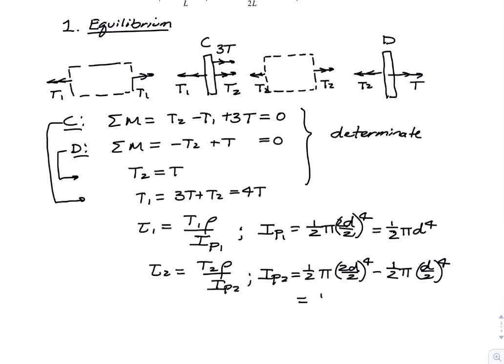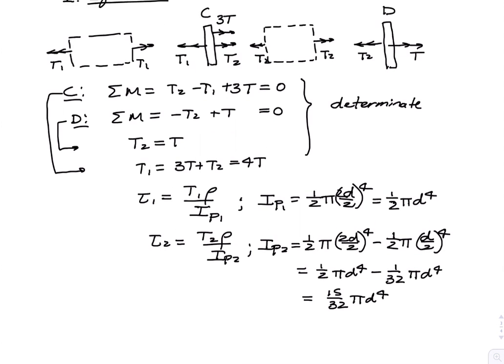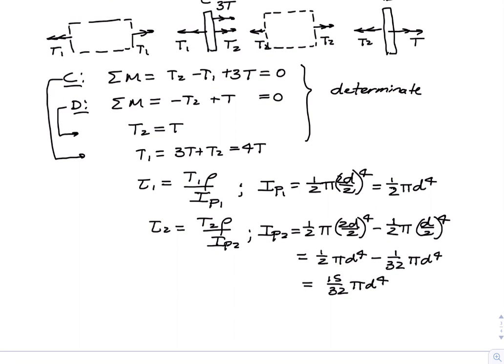So this becomes 1/2 pi d to the 4th minus the 1 over 2 to the 4th, that's 1 over 16, so that's 1 over 32 pi d to the 4th, which will be equal to 15 over 32 pi d to the 4th. So that's going to be the torque distribution.